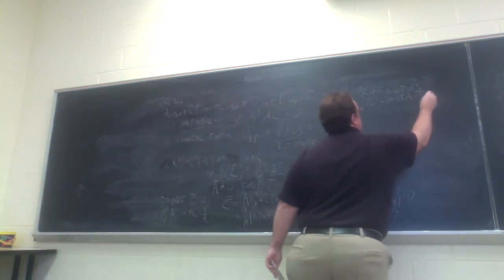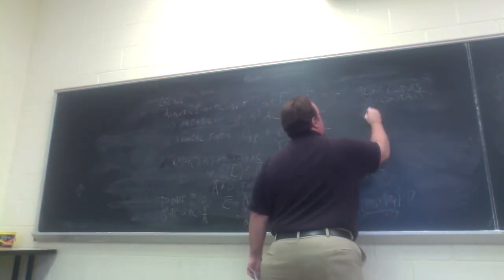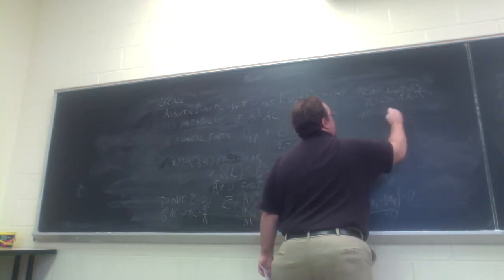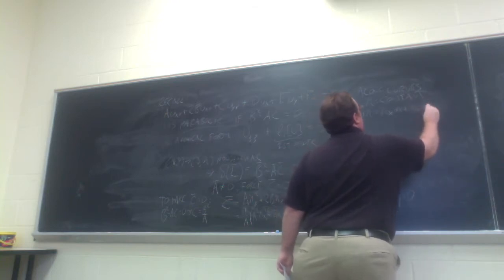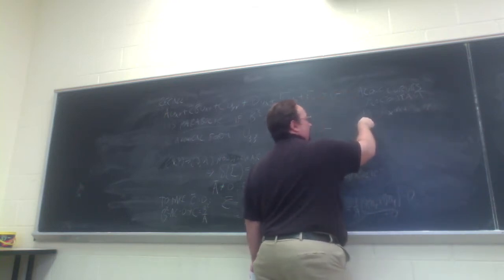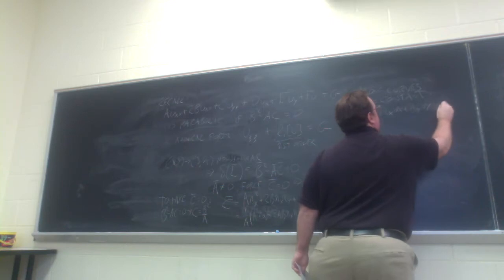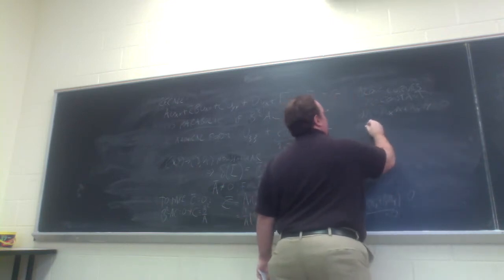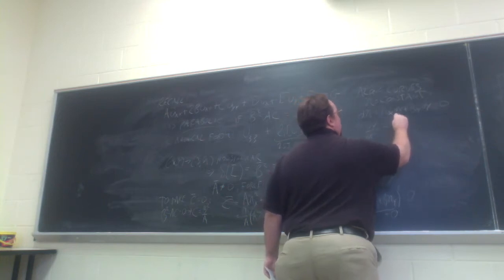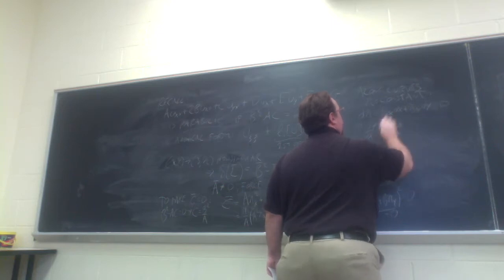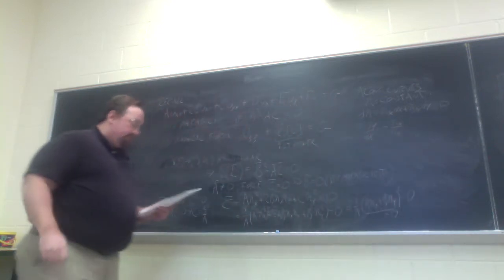And what we have is d eta, which would be eta x dx plus eta y dy. Well, eta is not changing. Eta is constant, therefore all this is 0. So I have dy dx is equal to minus eta x over eta y, just by rearranging that.